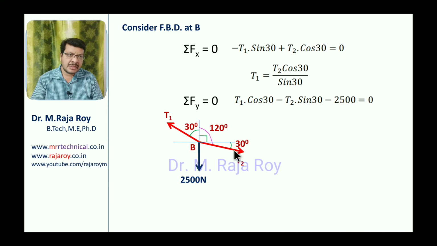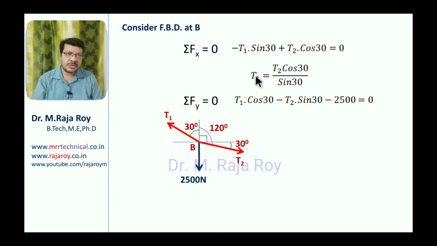So here this is in the downward direction. So T2 sin 30 is the y component here. T2 sin 30, that is along the downward direction, that's why minus T2 sin 30 is the y component with respect to T2. This 2500 is in the downward direction, means negative, minus 2500, that is equal to 0.